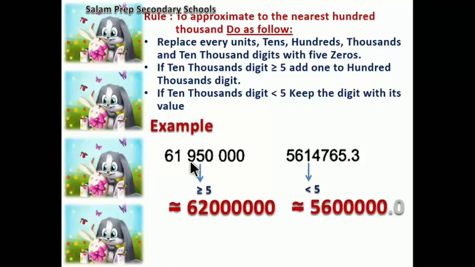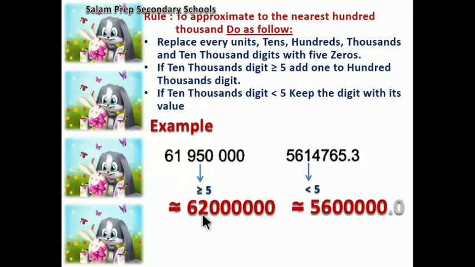Before 100,000s is 10,000s. Digit 5, add 1 to 9. 9 in the 100,000s place, okay? 9 plus 1 equals 10. We will write 0 and carry 1. 1 plus 1 equals 2.